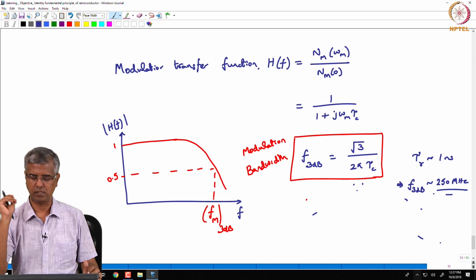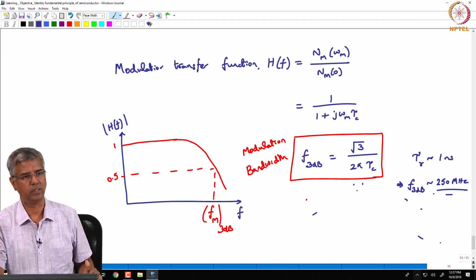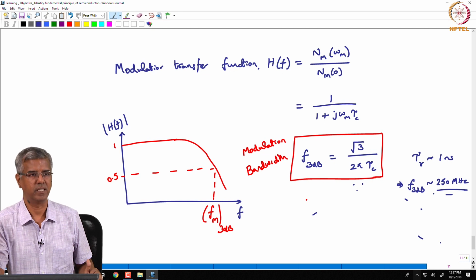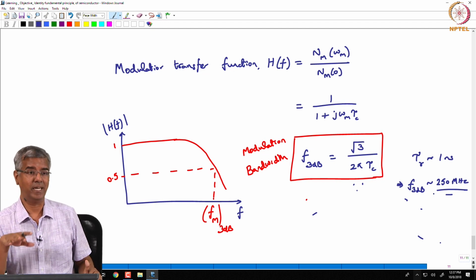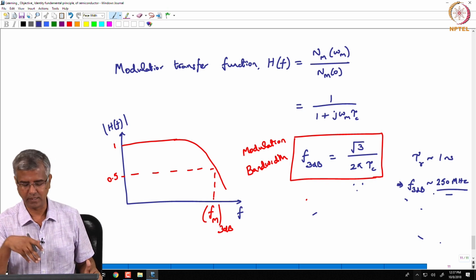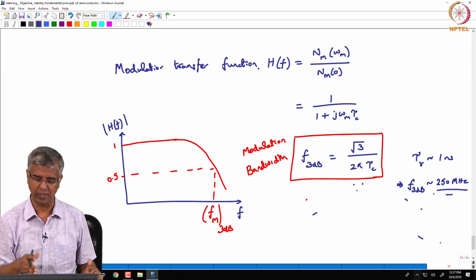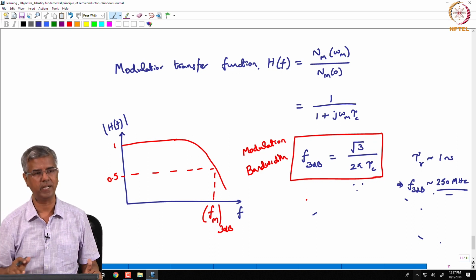So, the question is whether the phase is nonlinear when you go to even higher frequencies? There is a phase delay, yes, because it is not responding quickly enough, but there is nothing in this that says the phase is nonlinear. The phase will be nonlinear if your modulation transfer function starts having some other features in it.